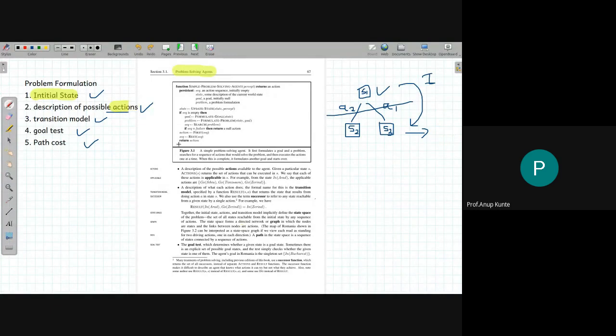Okay, so these states are successor states. This may be referred to as the current state.